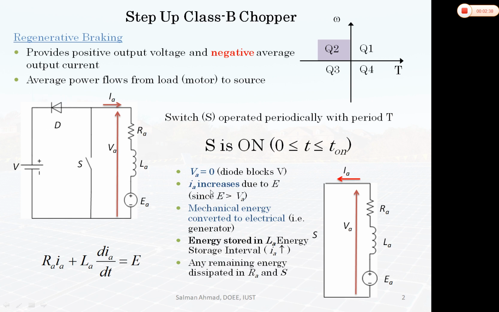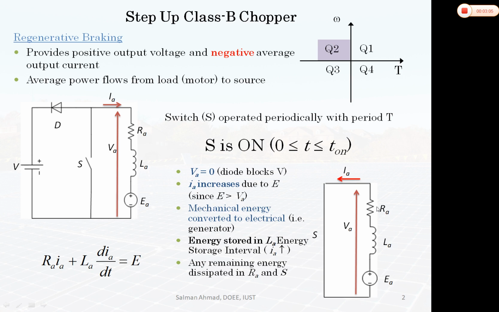IA increases due to E, and the condition is that the back EMF must be greater than the terminal voltage. Mechanical energy is converted to electrical. Whatever mechanical energy is stored in the form of speed of the motor will be converted into electrical energy and stored in this inductor, so the energy stored in the inductor increases.